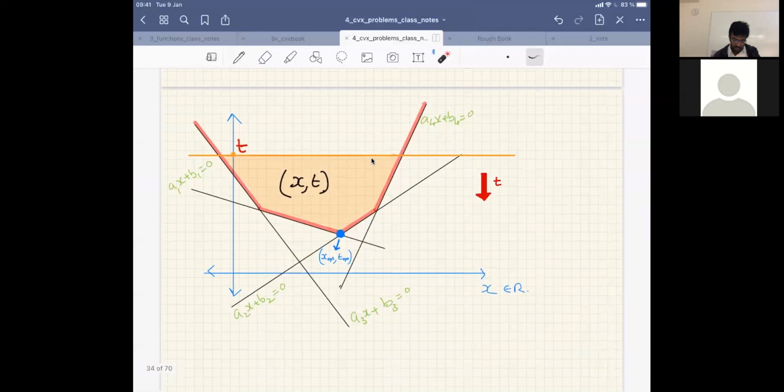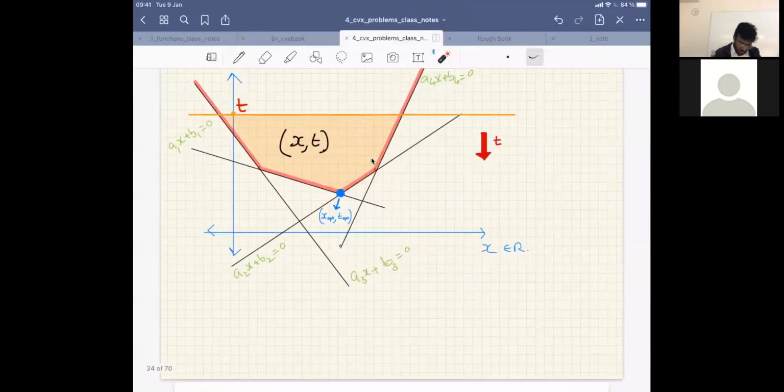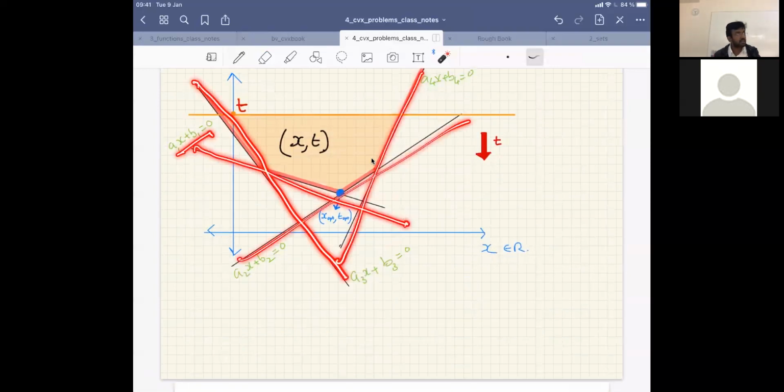A piecewise linear function is defined by this form, where you are taking the maximum of different affine functions. Here you have m different affine functions. For example, this is one affine function corresponding to a1 x plus b1. Another one is this one, and this one. You have different affine functions.